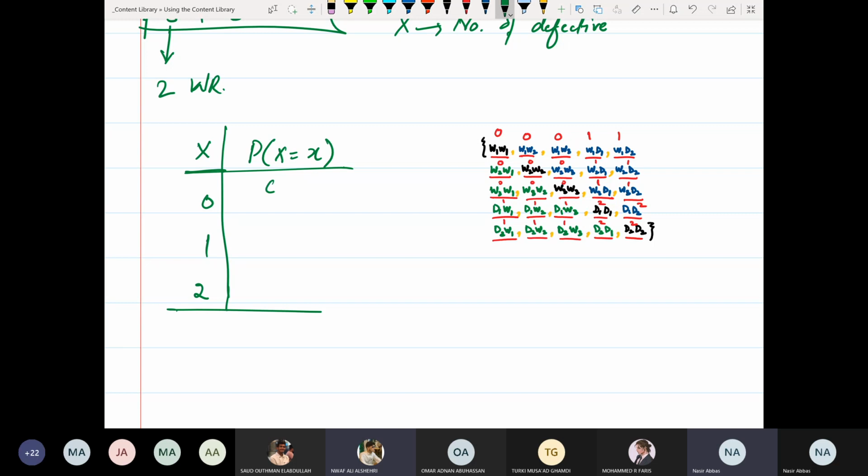Why, Nawaf? Because we have 9 outcomes that belong to your event. Your event is that X is 0. So you're trying to find the probability that X is 0. Let me write it in terms of what we were doing in chapter 2. We're trying to find probability of X equals 0. That is n of X equals 0 over n of S. Correct. So we have 9 outcomes from event X equals 0, and we have 25 total outcomes.